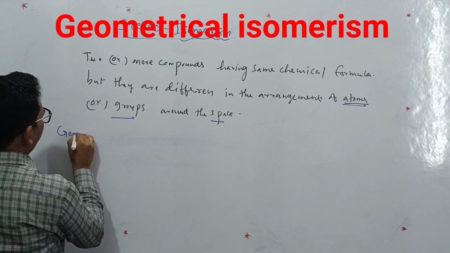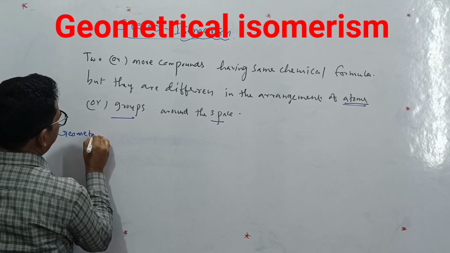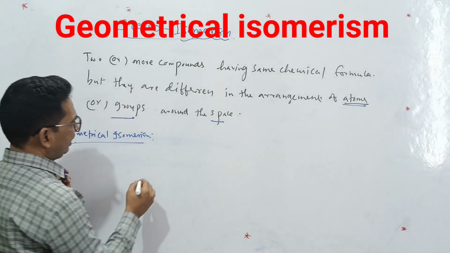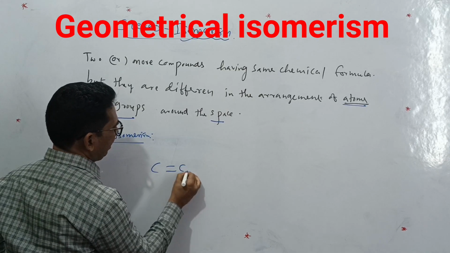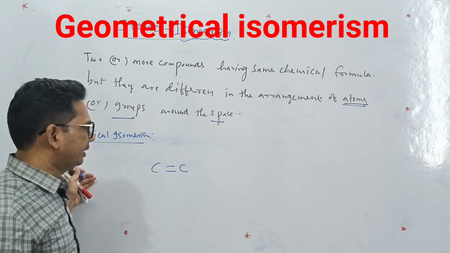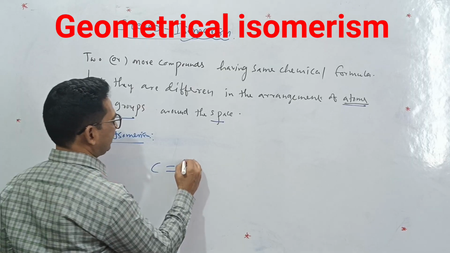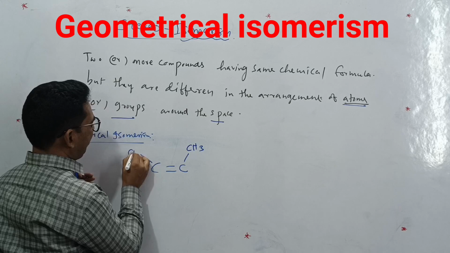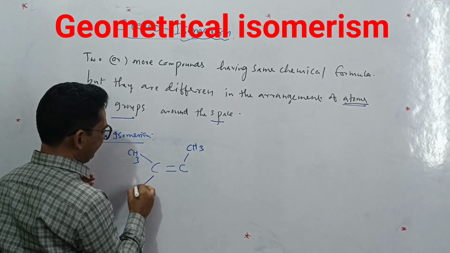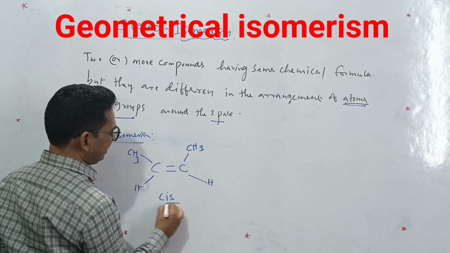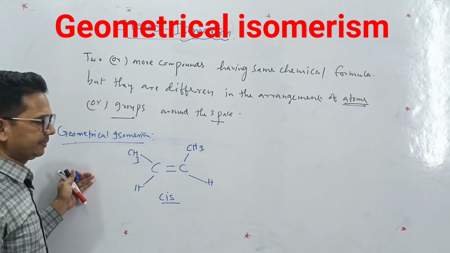I will give the example for geometrical isomerism. Geometrical isomerism is nothing but around the doubly bonded carbon. Remember that around the doubly bonded carbon, if the same type of groups are on the similar side, it is called the cis isomers.